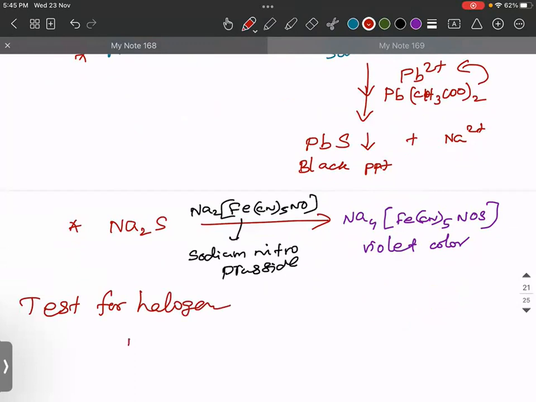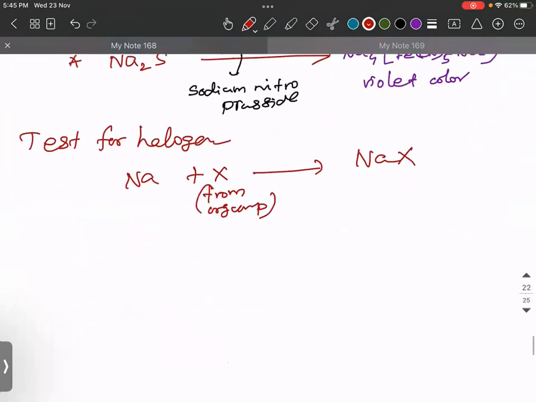When sodium metal reacts with the halogen from the organic compound, it gives NaX. When you treat this NaX with AgNO3, the X may be chloro, bromo, or iodo.